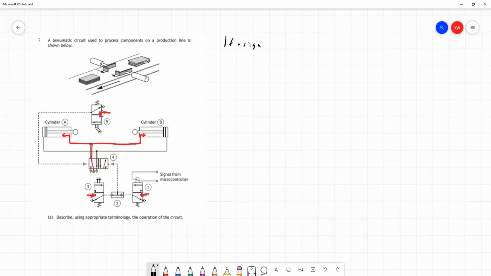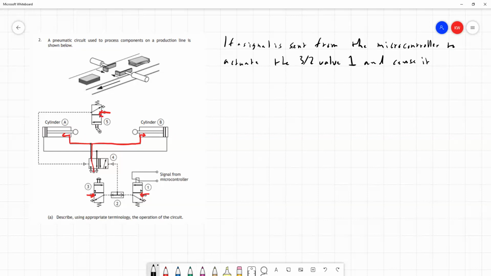if a signal is sent from the microcontroller to actuate 3/2 valve 1 and cause it to change state, or, and I'm just writing this in here like this to make it clear, obviously a normal "or" in your own work, or push button on 3/2 valve 3.